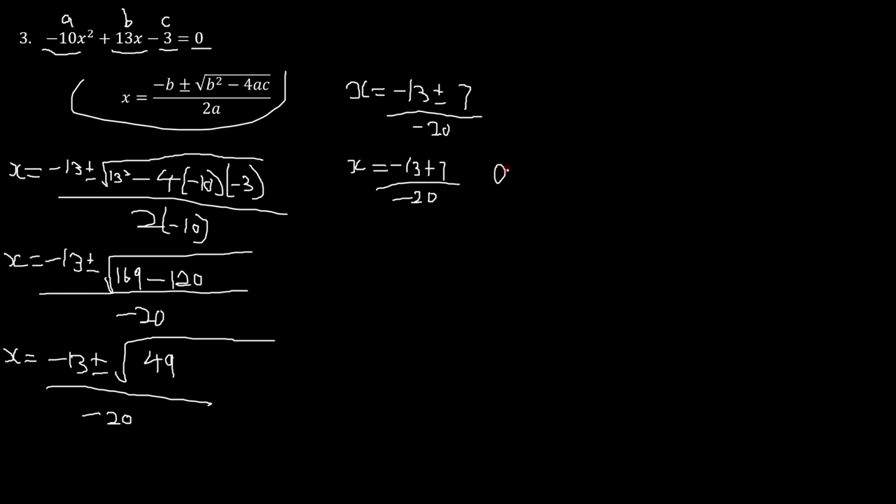Or x is equal to minus 13 minus 7 all over minus 20. So x is equal to minus 13 plus 7, that is minus 6, all over minus 20.